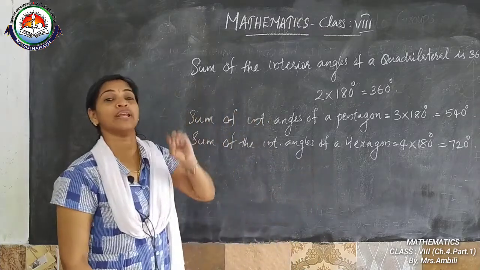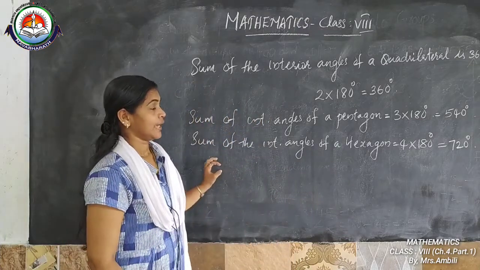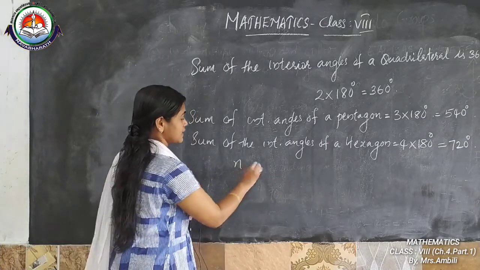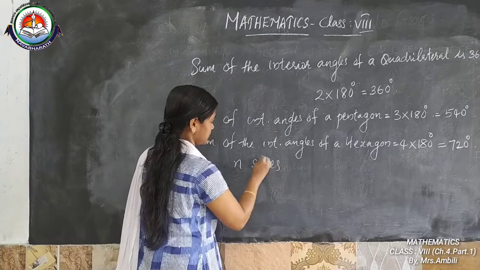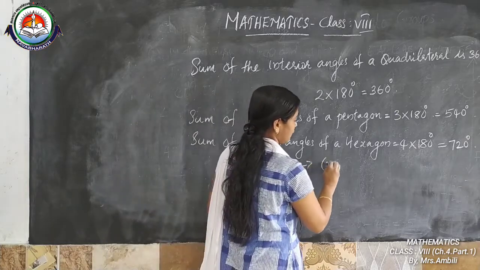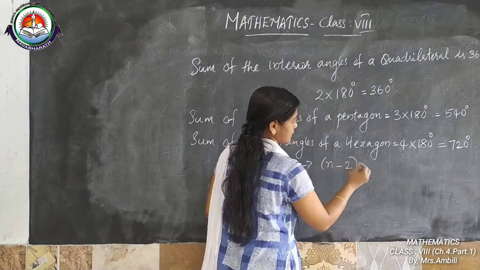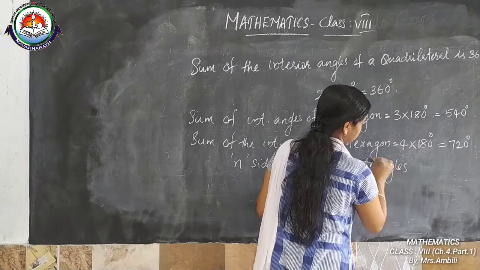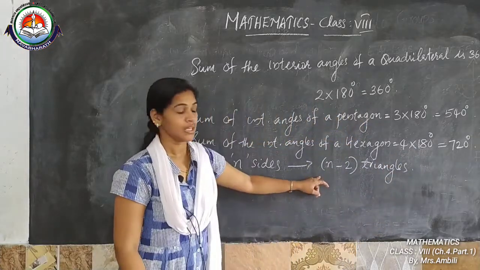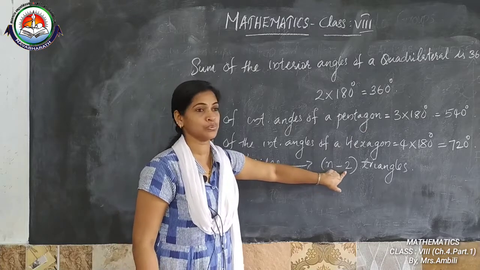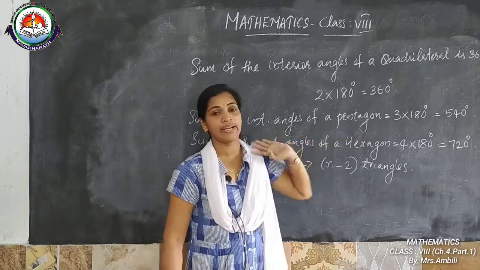So, a polygon with n sides is made up of n minus 2 triangles. Clear? If it is a 5-sided figure, 5 minus 2, it is made up of 3 triangles.